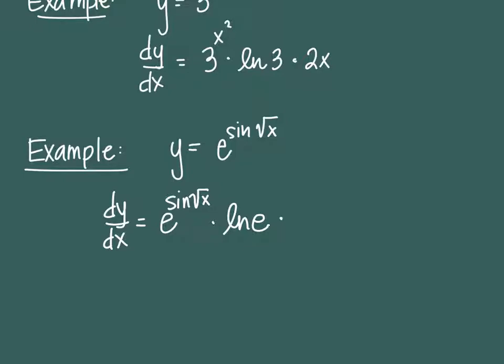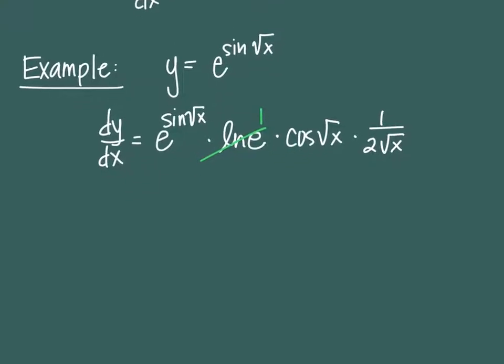Okay, times very good, cosine square root x times awesome, 1 over 2 square root x, so the derivative of the square root of x. So beautiful. And so the only thing we would do is clean up that the natural log of e is 1, and then you have it. There's nothing else we can do to simplify that. Okay, awesome. Any questions on plain old exponentials?